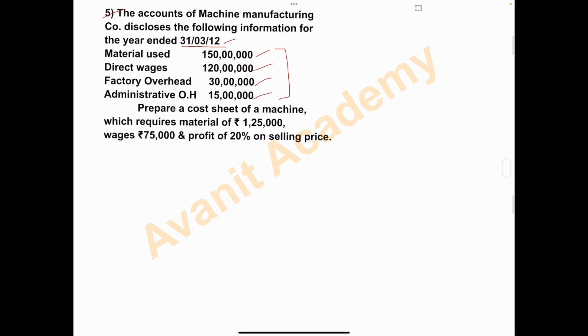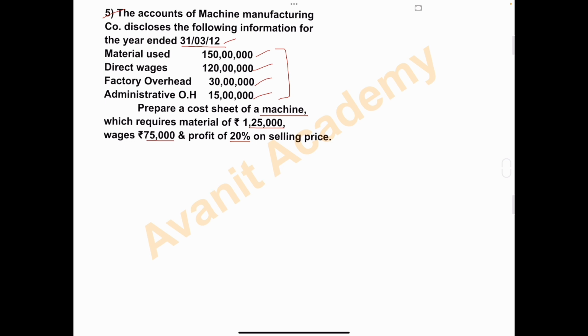See the next para. Prepare a cost sheet of a machine which requires material of rupees 1,25,000, wages 75,000, and profit of 20% on selling price. So by taking all this information, we have to prepare an estimated cost sheet for a machine.